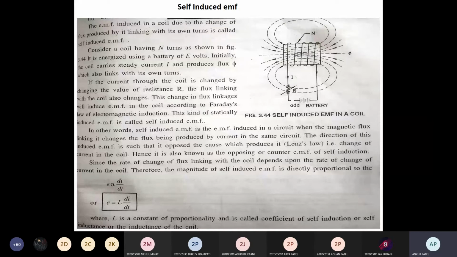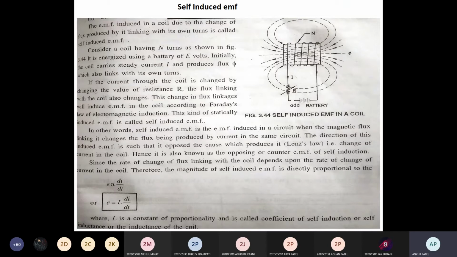If the current through the coil is changed by changing the value of resistance, you can see a variable resistor is connected, the flux linking with the coil also changes. This change in flux linkages induces EMF in the coil according to Faraday's law of electromagnetic induction. So this kind of statically induced EMF is called self-induced EMF.